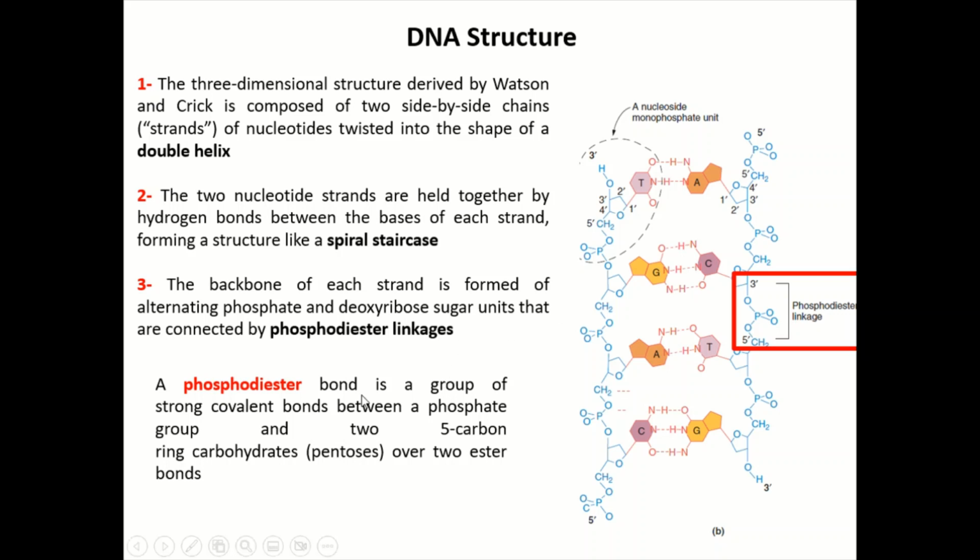A phosphodiester bond is a group of strong covalent bonds between a phosphate group and two 5-carbon ring carbohydrates, pentose sugars, over two ester bonds.